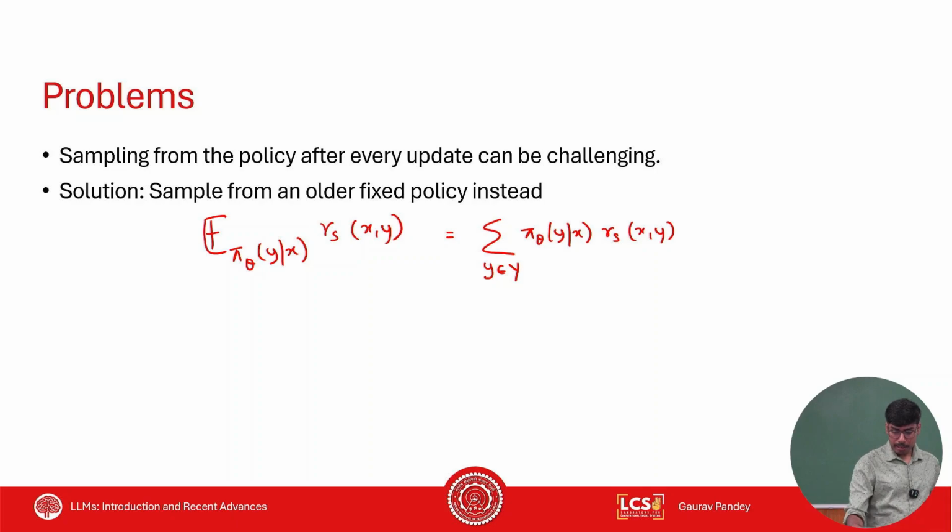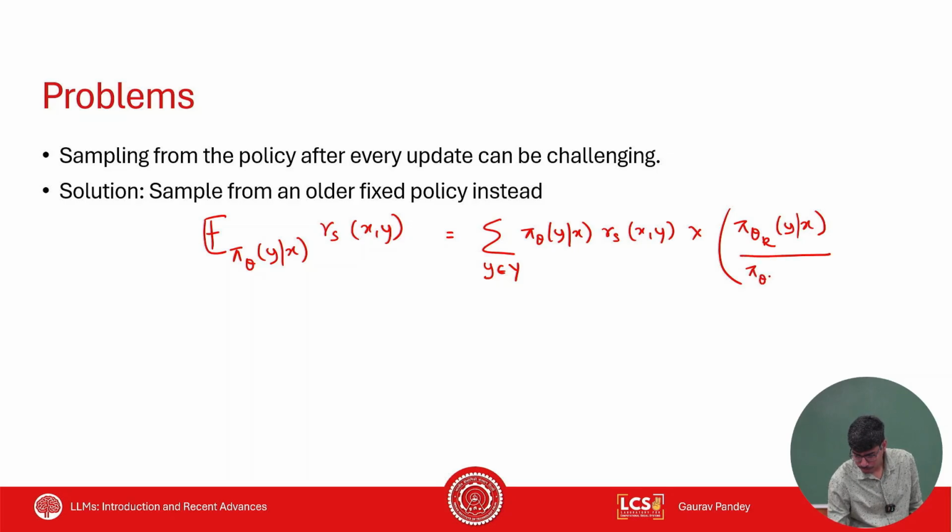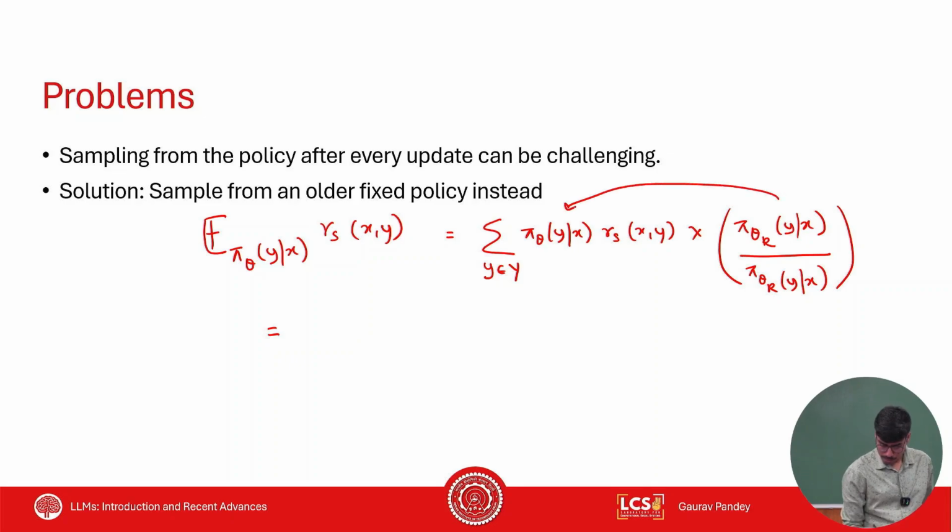I will multiply and divide by the previous policy, let's say pi theta k, and divide by the same quantity. And what does this give me? Now I can bring this quantity here.